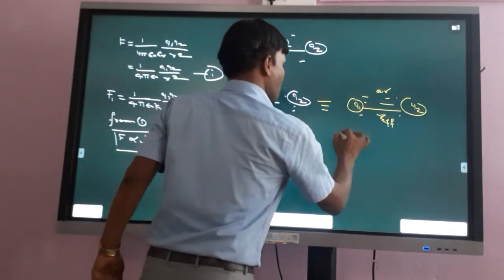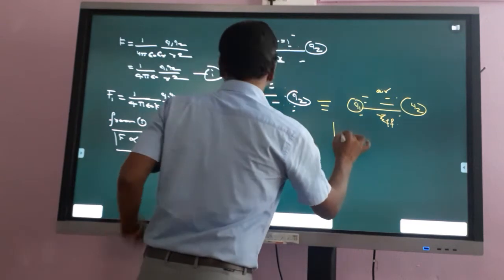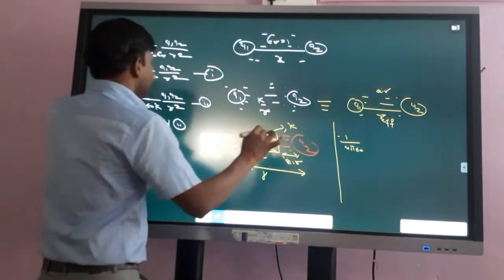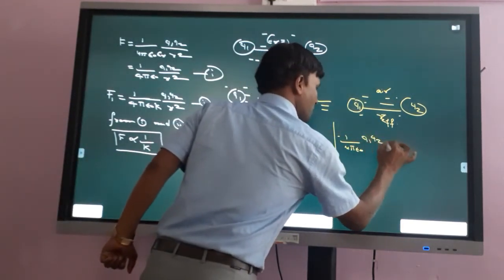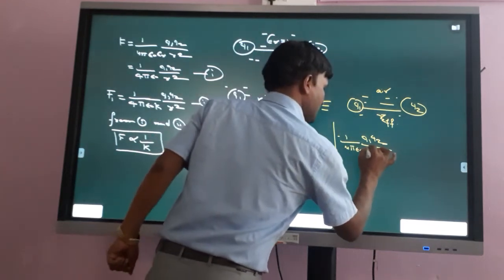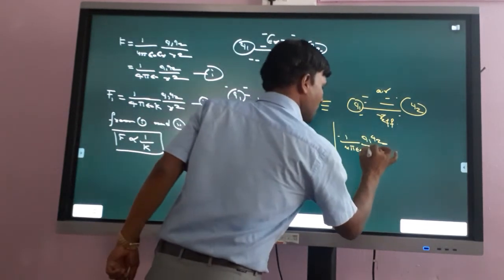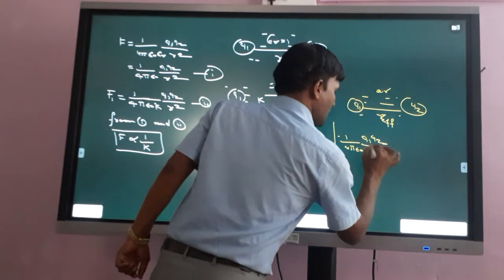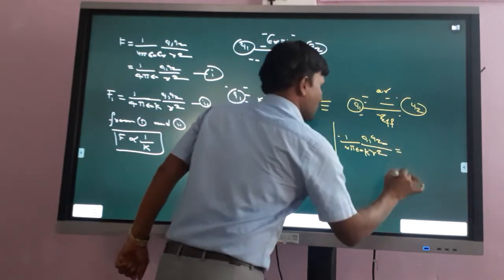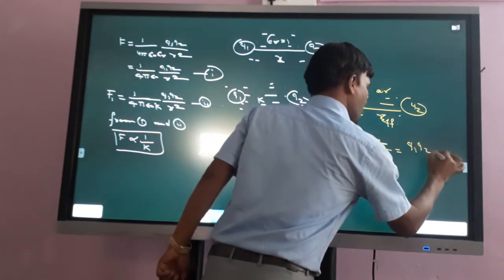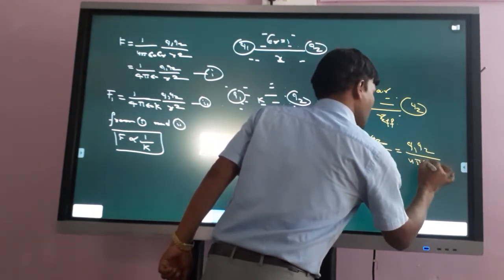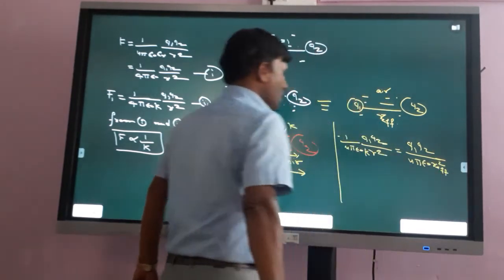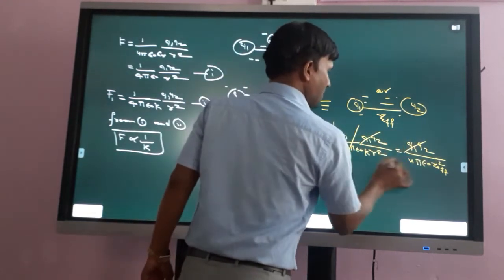So on this basis we can write, to calculate R effective, 1 by 4 pi epsilon naught Q1 Q2 by K R square is equal to Q1 Q2 by 4 pi epsilon naught R effective square. Now see, we can cancel these.